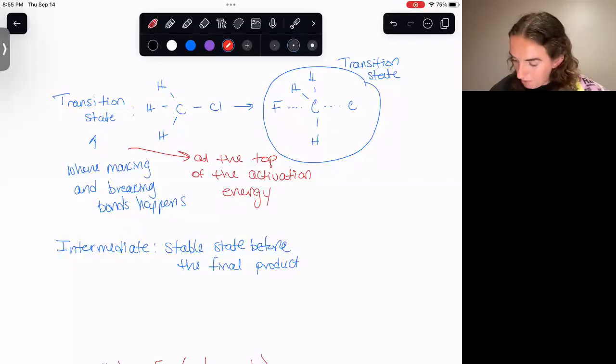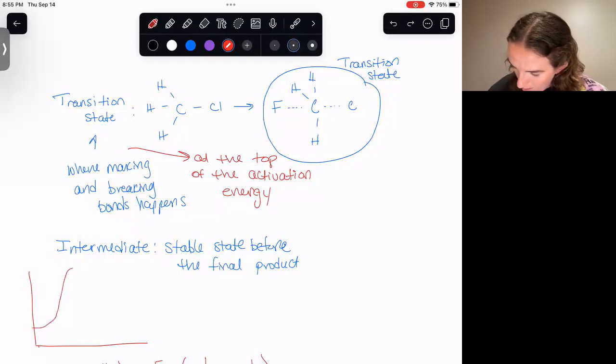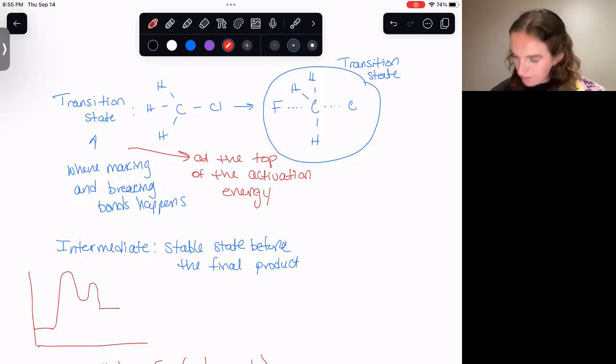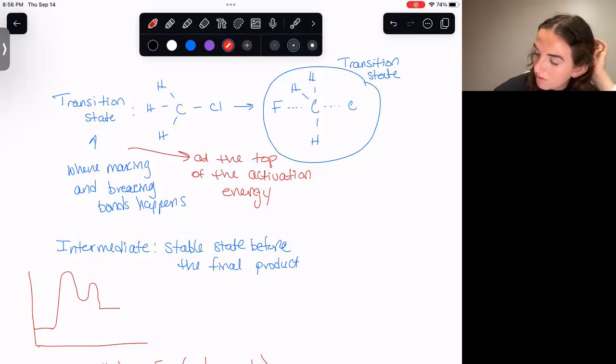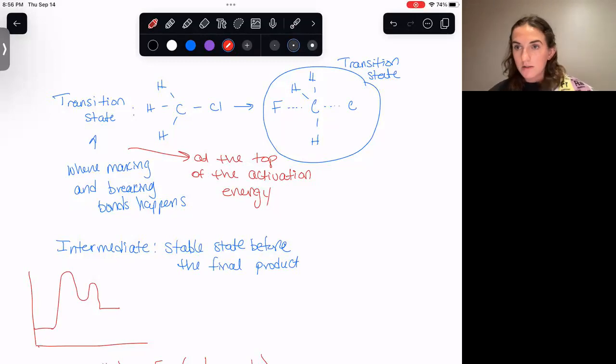Okay, so if we had something that looked like this, how many transition states do we have?